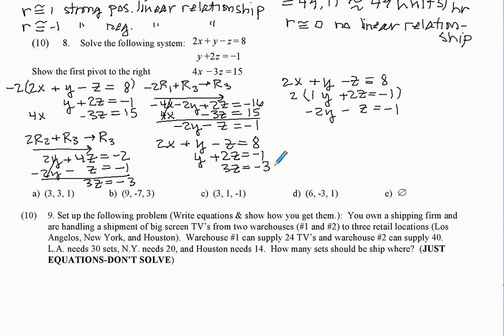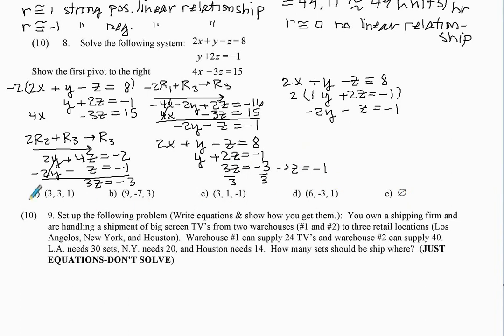So in any case, down on this third equation now, we've got 3z equals negative 3, so we can divide both sides by 3 there and get z is equal to negative 3 divided by 3, negative 1. So we know z is negative 1.